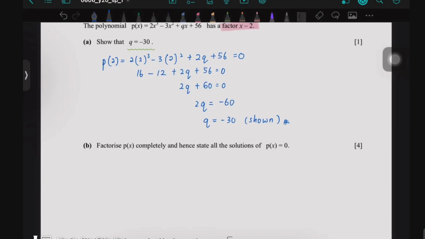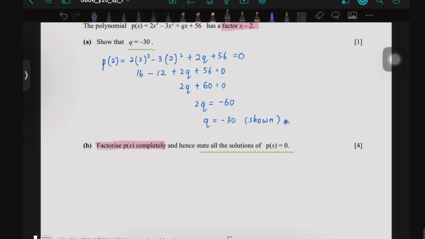Next question. They say factorize completely p(x) and state all the solutions for p(x) equals 0. So what that means is you have to factorize all your work.